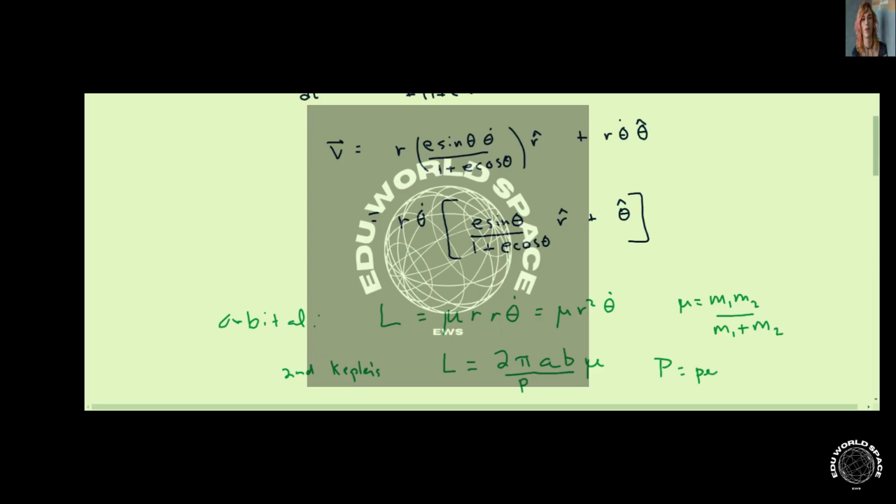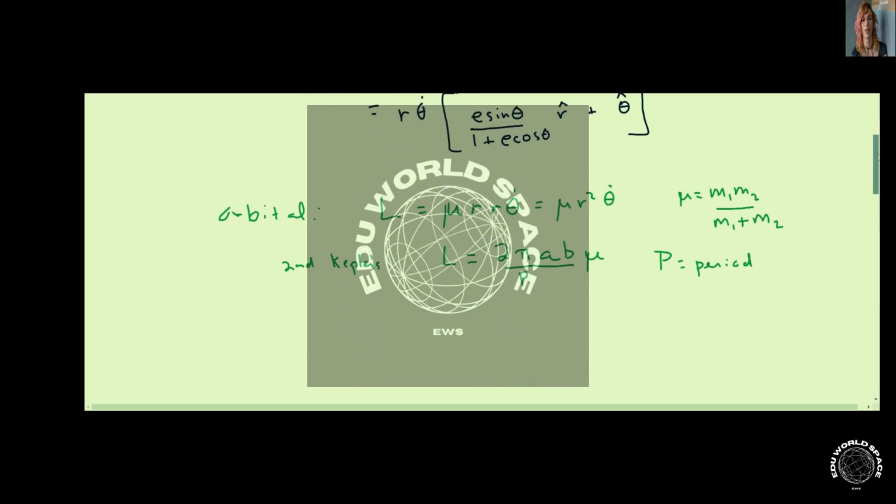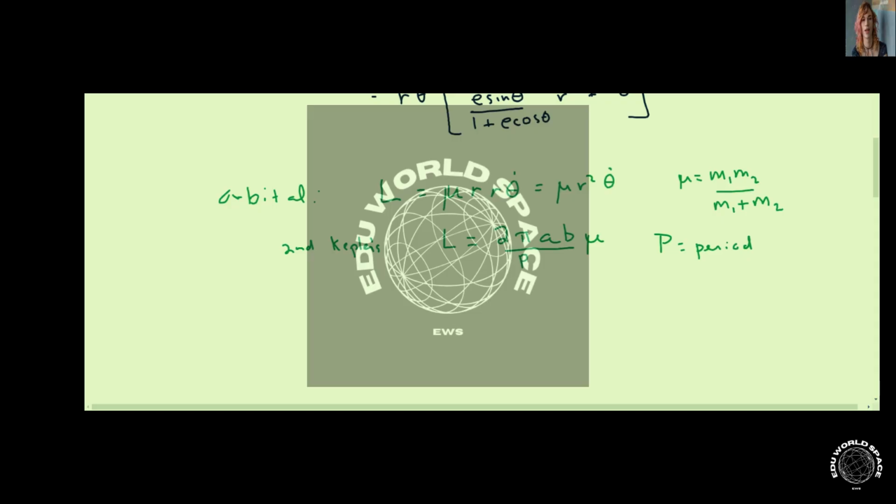And that is a very nice thing to have, as we'll see, because we can simplify things in terms of G's and M's when we have the period in there. So putting this together, theta dot can be replaced with L over mu r squared, and furthermore, L can be replaced in terms of the period.